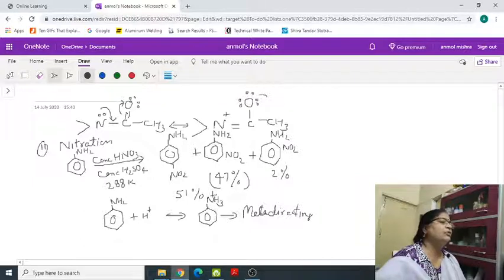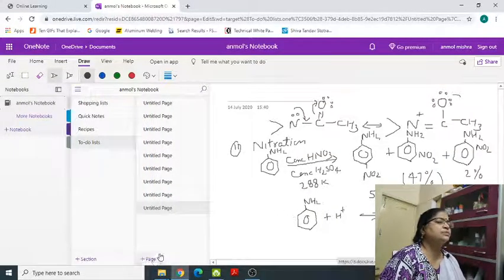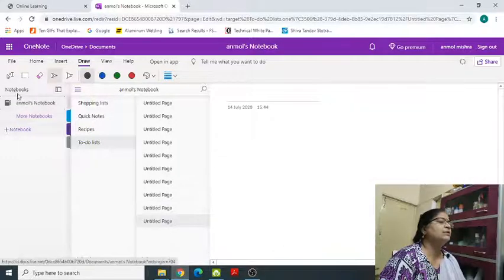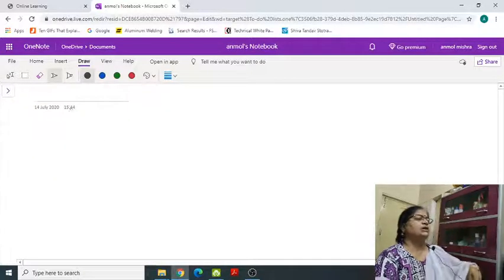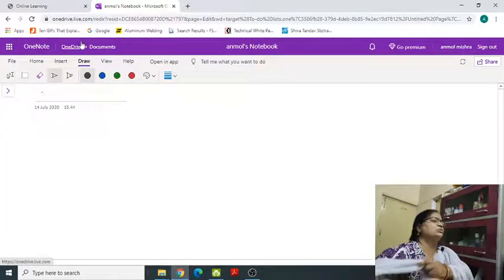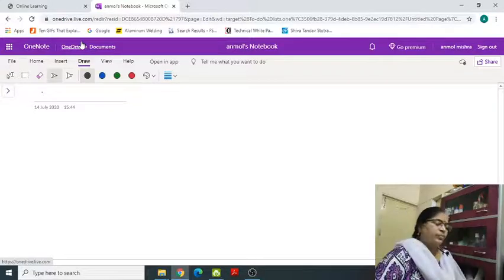Now again, if we want to prepare a monosubstituted product, then the same procedure, that is acetylation of the amino group, will be done first. Then we can get the monosubstituted product.